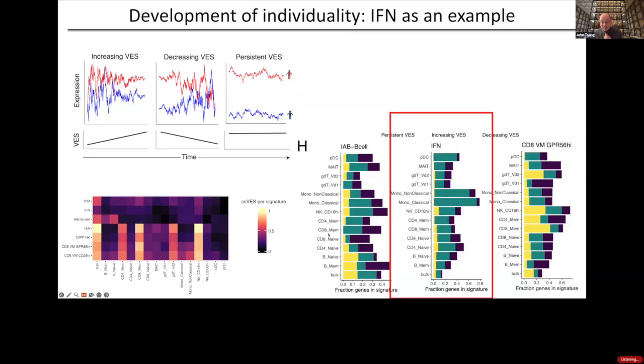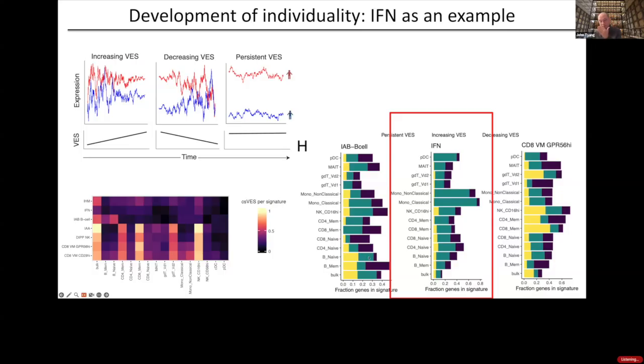On the left, as you would expect, because this is a B cell signal, more of the intersubject variation is in the B cells, right? But you can also see that some of them, the green ones, are increasing: some of the genes within those signatures have this increasing individuality, meaning they emerge over time as well.